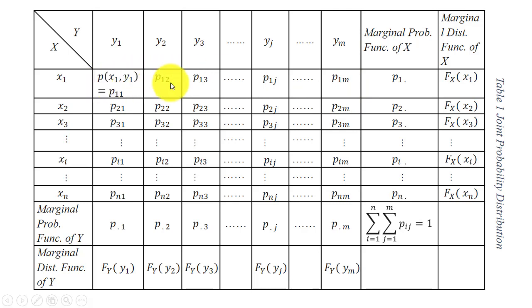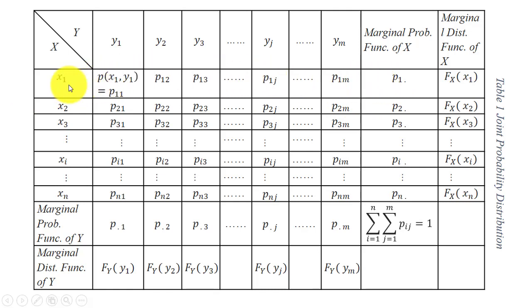If you take the sum of all these, where x is not changing and only the y values are changing, it is denoted by p1 dot. That's why we denote it by a dot. Such a sum is known as a marginal probability function.